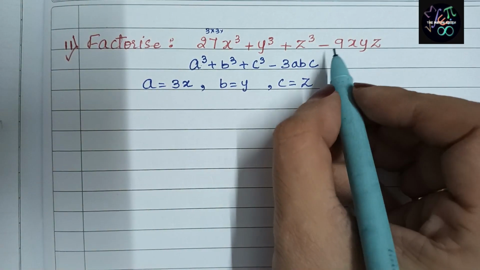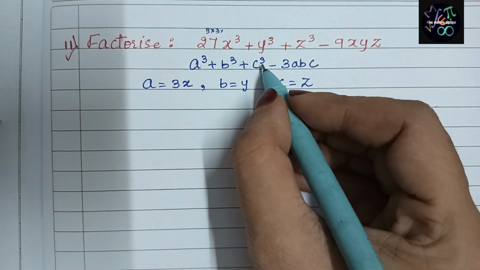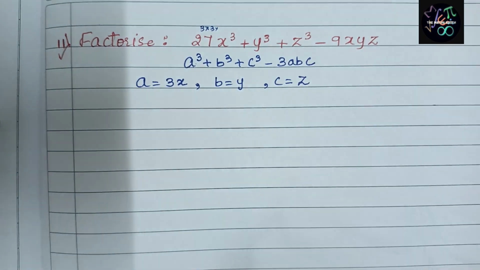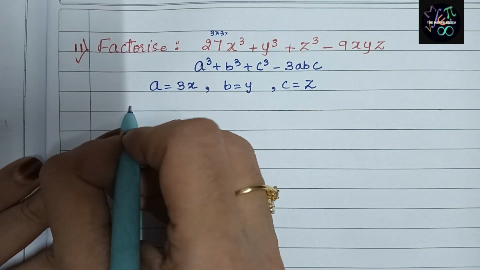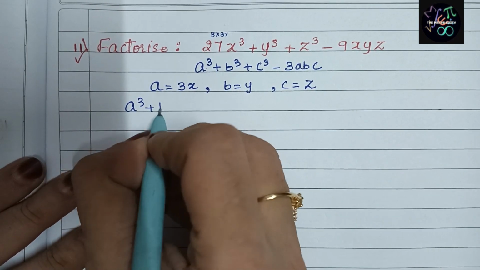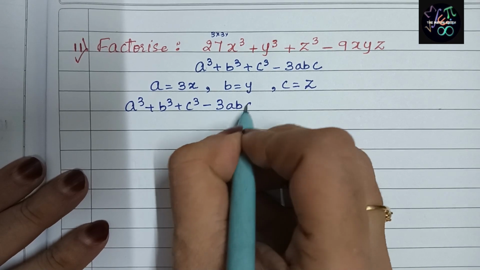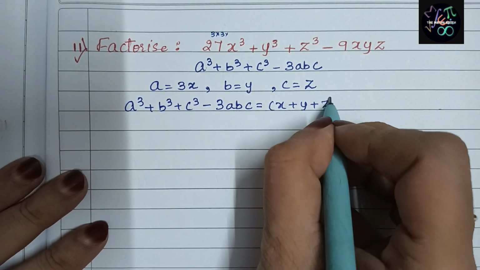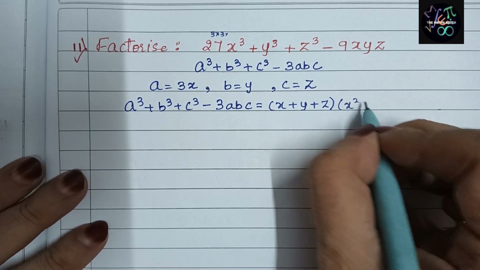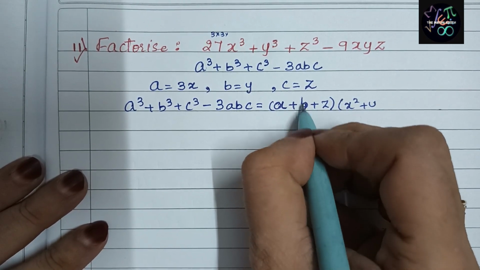The complete formula I will write: a cube plus b cube plus c cube minus 3abc is equal to a plus b plus c, times a square plus b square plus c square minus ab minus bc minus ca.